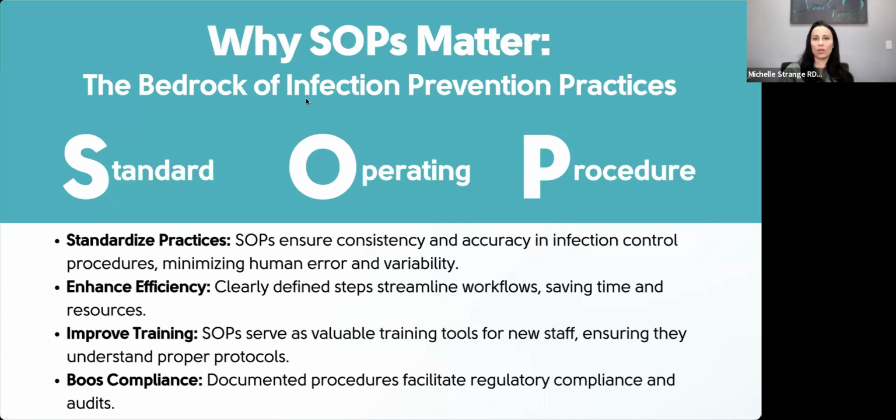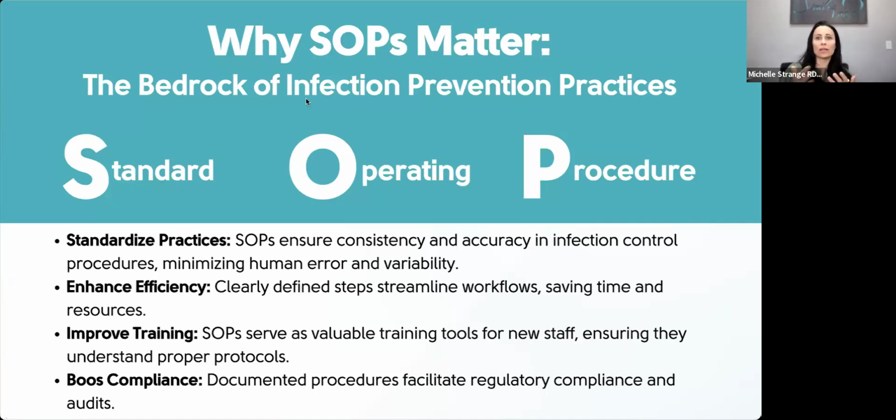And this kind of continuity is crucial, especially in a busy practice where things can get chaotic, because without clear SOPs, there's too much room for variation, and that's where those errors start to creep in. So SOPs help to eliminate that variability, really ensuring whether it's a busy Monday morning or a slow Friday afternoon, no matter what, that infection control is handled with the same level of care.